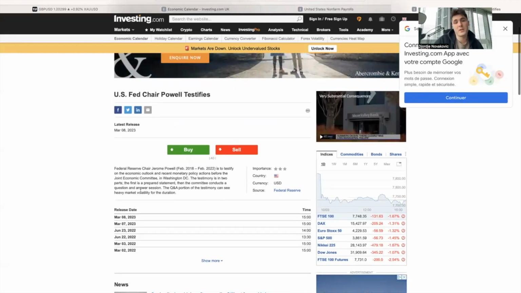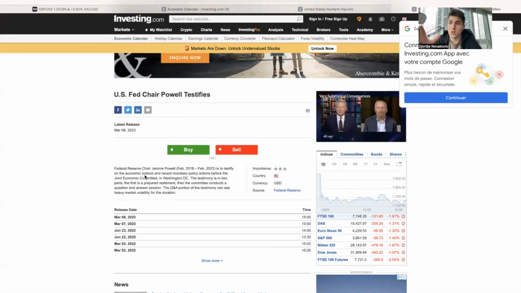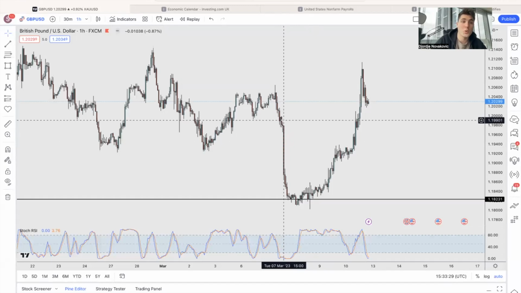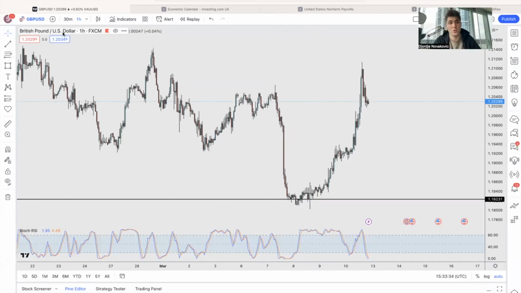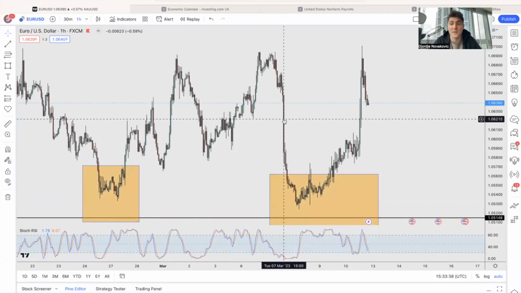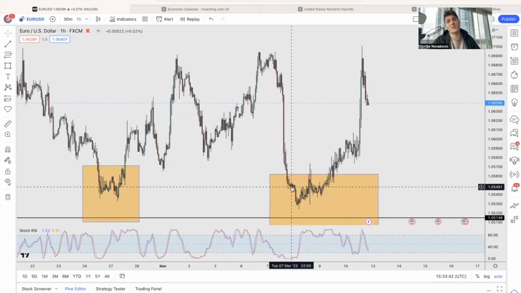So all his speech is telling us good news or bad news. Because GBP/USD went all the way down, it was good news for the dollar. For EUR/USD, same thing on 7 of March, a big news from Powell. EUR/USD got weak and went down because USD got stronger.